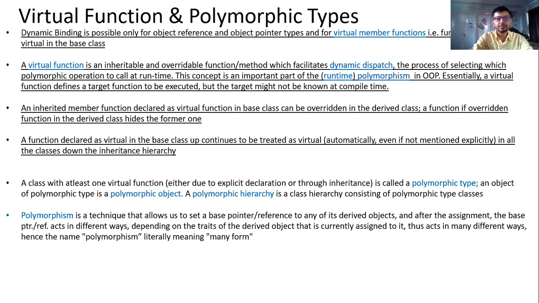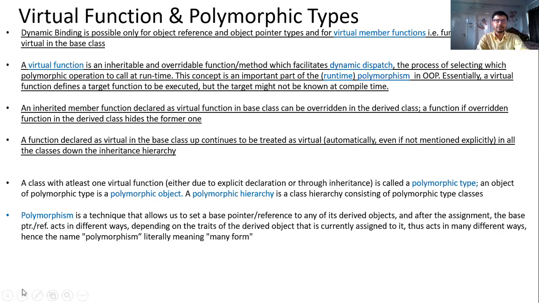Thereby, any pointer to a class belonging to that hierarchy will also be polymorphic. So having at least one virtual function in a class hierarchy will make the entire hierarchy polymorphic, and all the objects instantiated from that hierarchy will also be polymorphic.